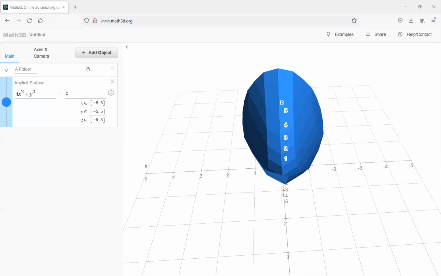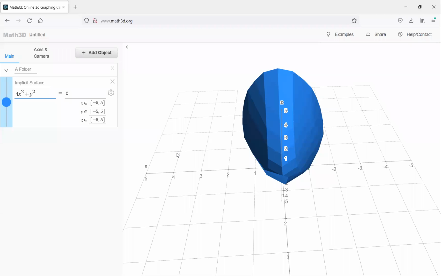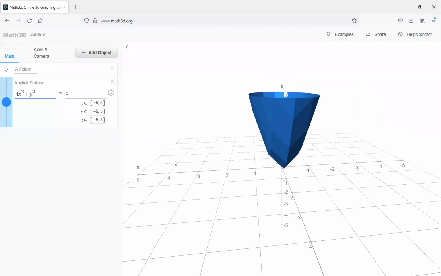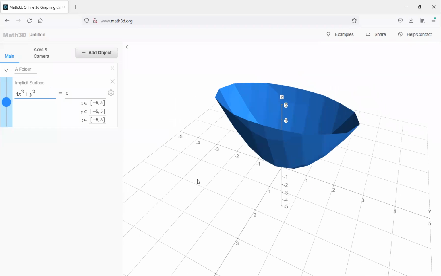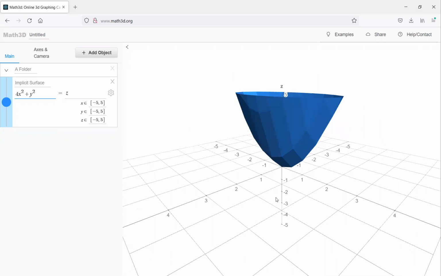So which one is this? z is equal to 4x squared plus y squared. Between these objects, the formula z equals 4x squared plus y squared gives us an elliptic paraboloid. The cross-section of an elliptic paraboloid is a parabola.